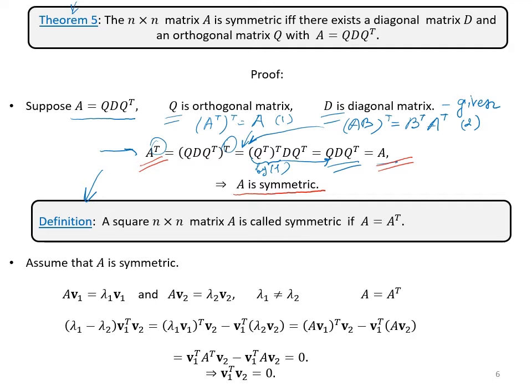Now let's prove the second part of our theorem. What we should prove here is that every symmetric matrix A can be written in this form. Now this is given: A is symmetric, and this is what we should prove.